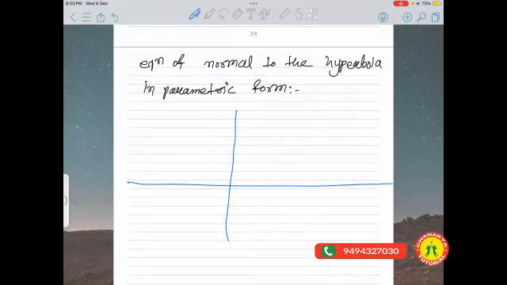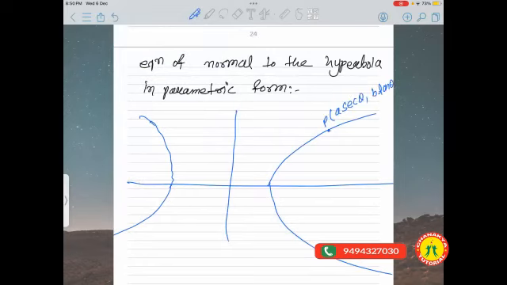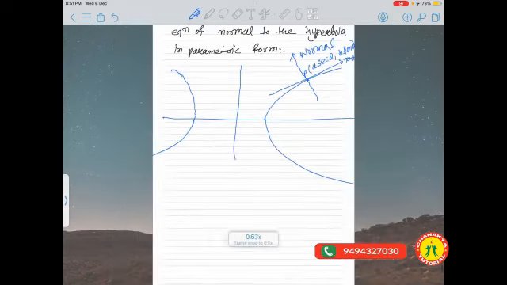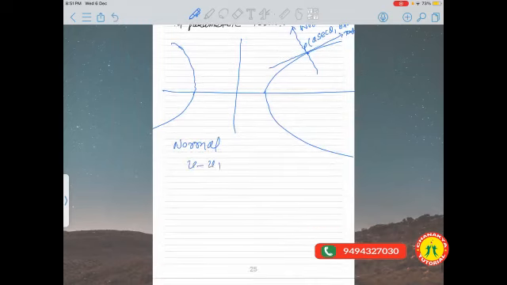What point do we take for the hyperbola? The point will be a sec theta, b tan theta. This is the point in parametric form for the hyperbola. This is the tangent line, and this will be the normal line. So for the equation of normal in parametric form, we know the normal equation in point form: x minus x1 upon x1 by a square equal to y minus y1 upon minus y1 by b square.